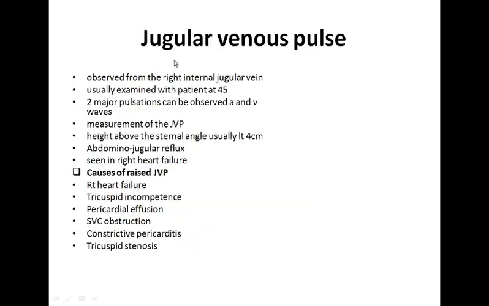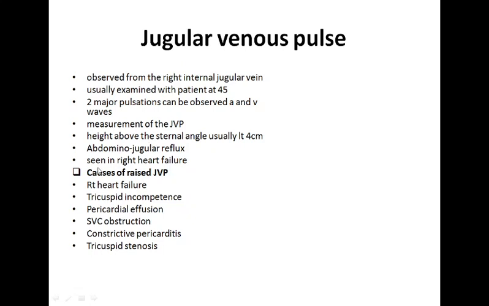Jugular venous pressure is an important physical sign again, and you have to observe the right internal jugular vein when the patient lies down at 45 degrees. Then you have to observe whether the patient has an elevated jugular venous pulse. You need good and regular practice to identify the jugular venous pulses.